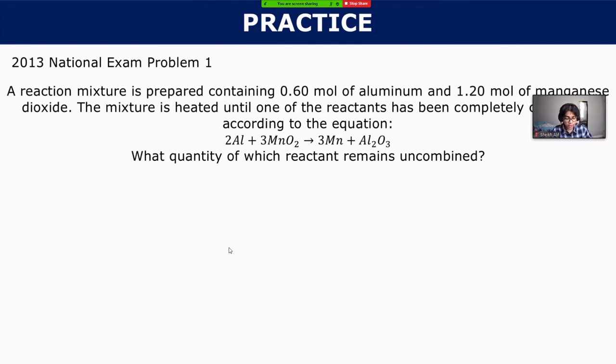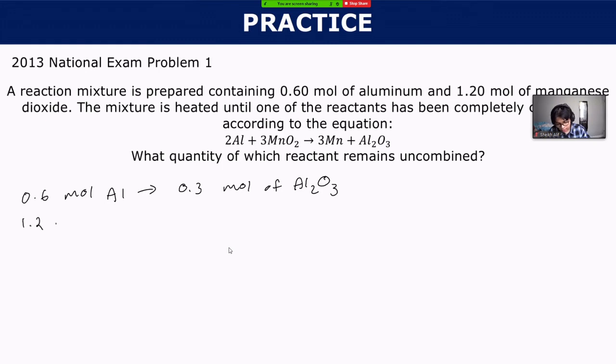So let's do the strategy where we figure out how much product a certain reactant can make. So with 0.6 mole of aluminum, you're going to be able to make 0.3 moles of aluminum oxide. Okay, and let's look at the manganese.